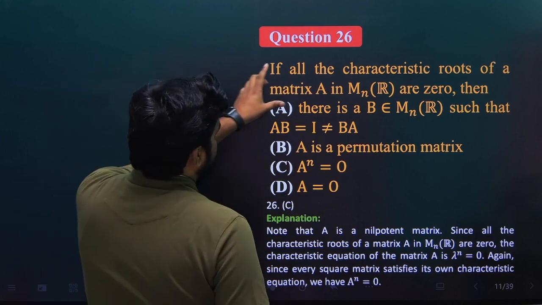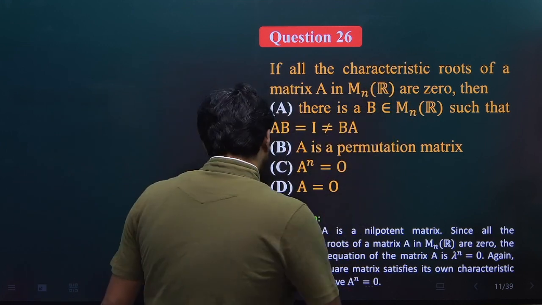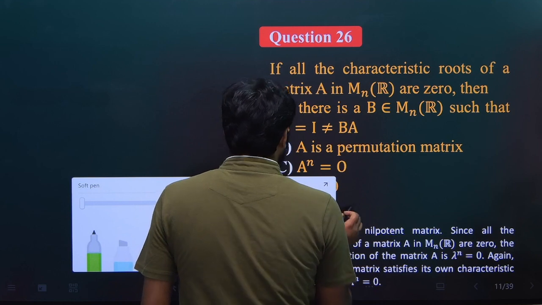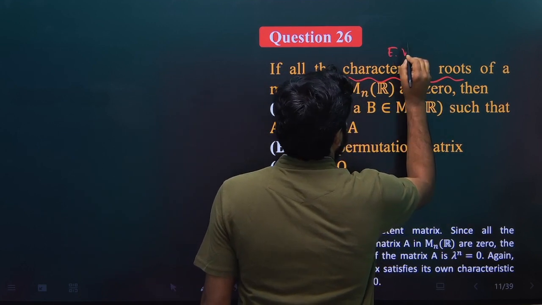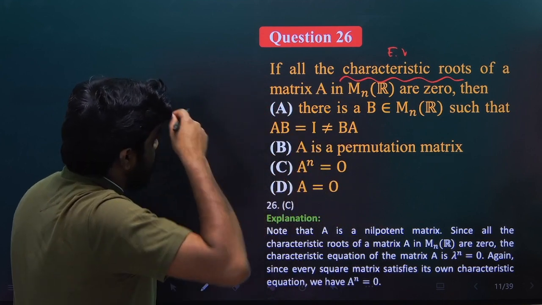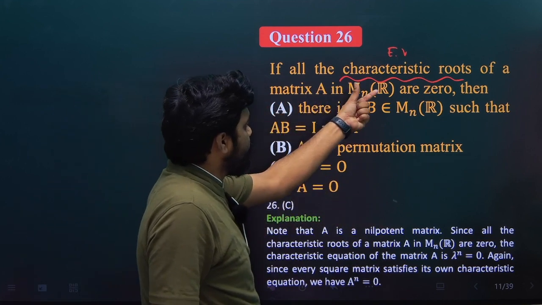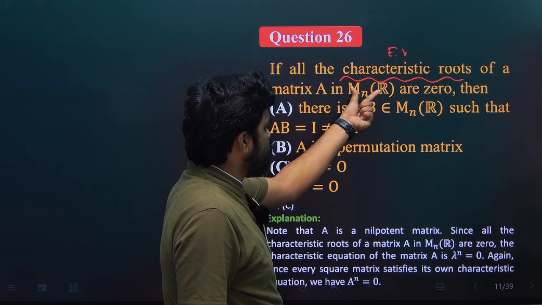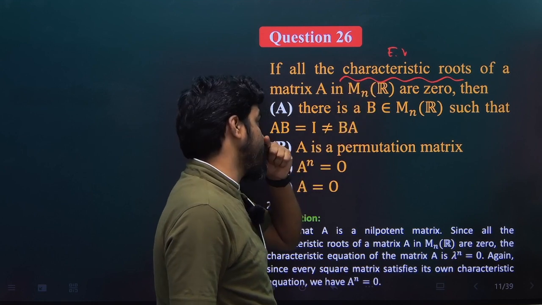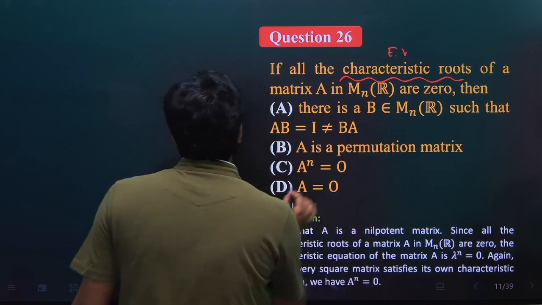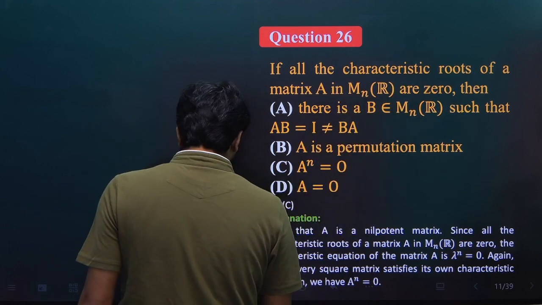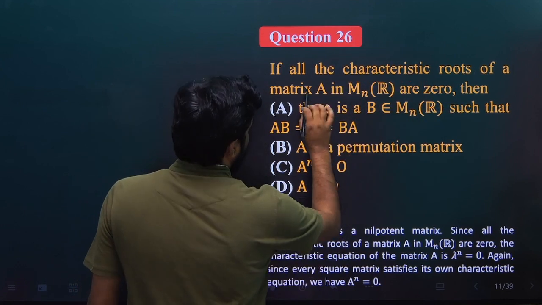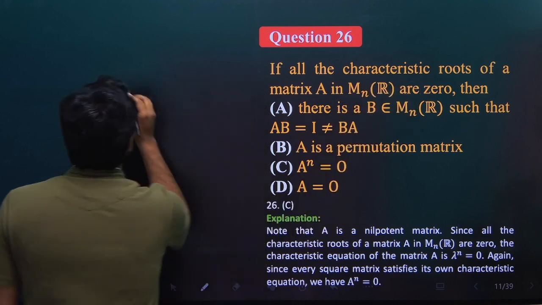If all characteristic roots, meaning eigenvalues, of a matrix A in Mn over the field R. That means we consider an n cross n matrix. So what is given here? Here it is given that the eigenvalues of A are all 0, right?